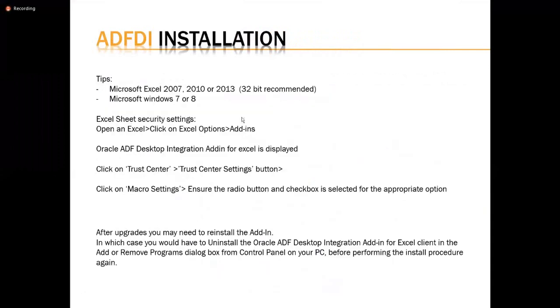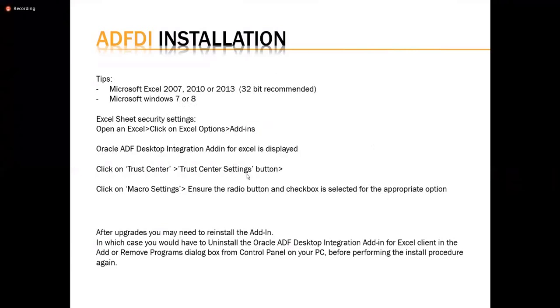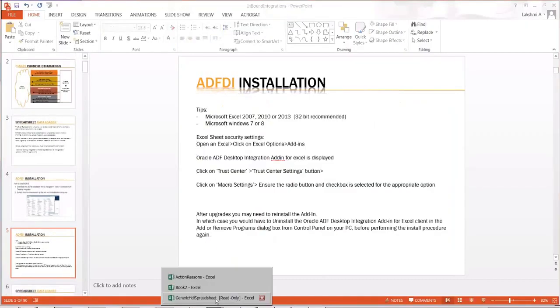Once you install that, typically it is recommended to have Microsoft Excel 2007, 2010 or 2013, and 32-bit is recommended, but you can use 64-bit. My computer is 64-bit, Microsoft 7 or 8, and it is working for 10 as well nowadays. So once you have that installed on your computer, typically you then have to set some options in the Excel. So I'm going to my Excel sheet.